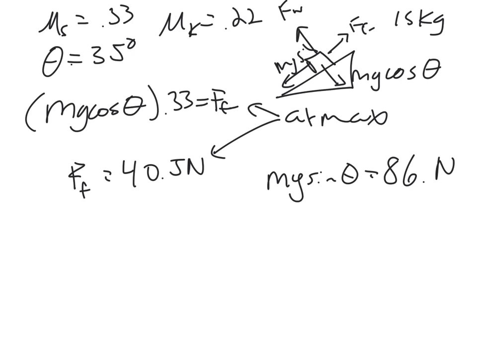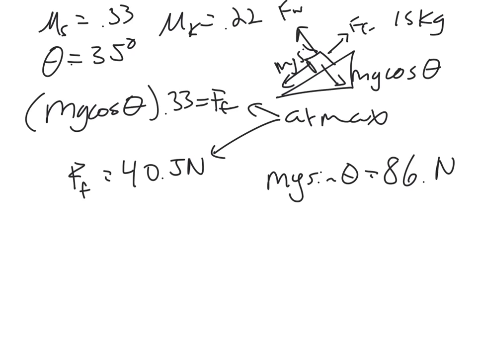So at this point, we've got a force pulling down the ramp that is greater than my maximum static friction, which means that the box is not actually static, it's moving. So now we have to transition to kinetic friction.